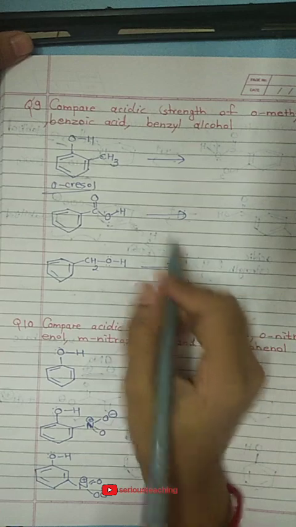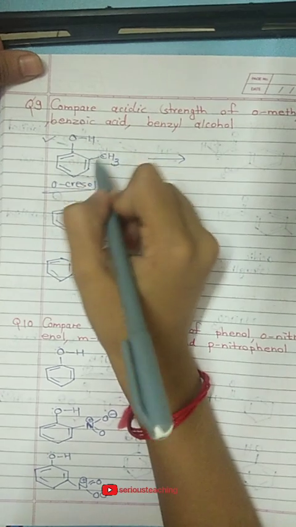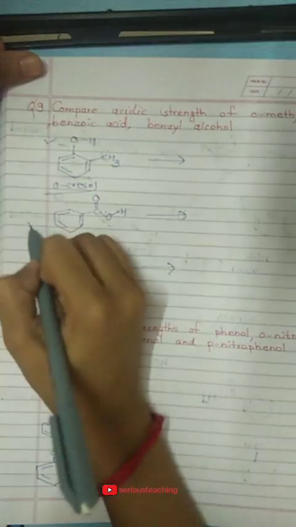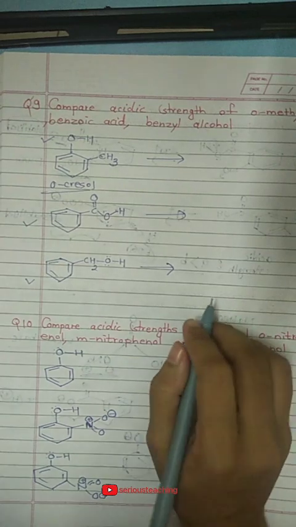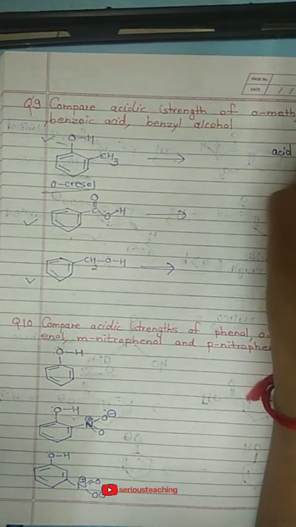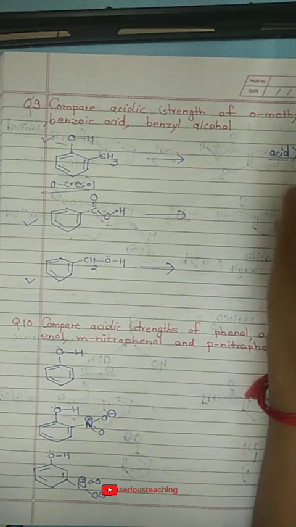What will happen here? This is o-cresol, which is a phenol, but a substituted phenol. In this case, it is a benzyl alcohol. In this case, it is an acid. We know that the strength of acid will always be highest, then phenol, and then alcohol.